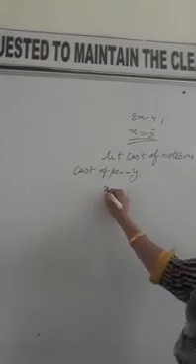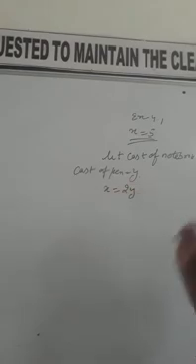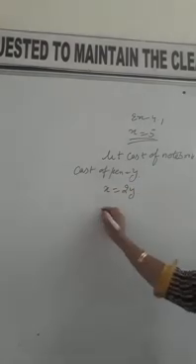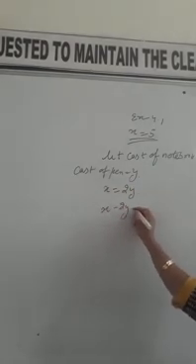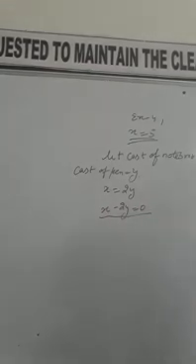So here x is equal to twice of y, or you can represent this as x minus 2y is equal to 0 in standard form. This is the equation. In the next question, we have to represent the following in the form ax plus by plus c is equal to 0. As I have already given you one example, it is the same as that. So this is our exercise 4.1.